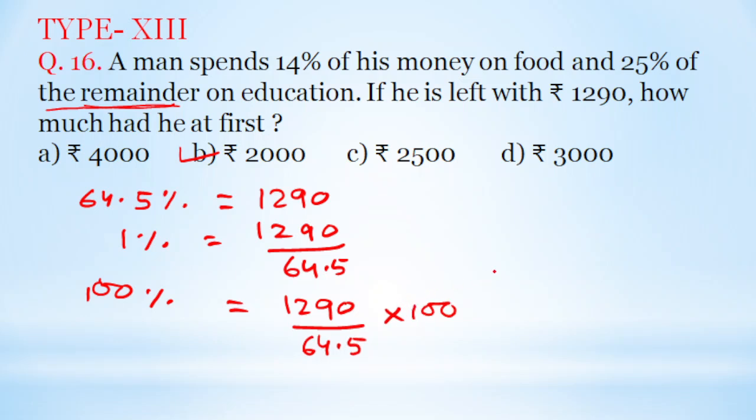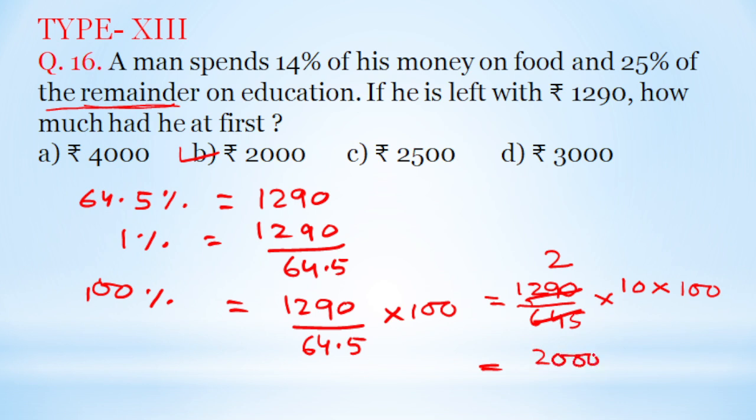So that is equal to 1290 divided by 645 into 10 into 100. So that is equal to 2, so it is 2000. That means option B is the right answer.